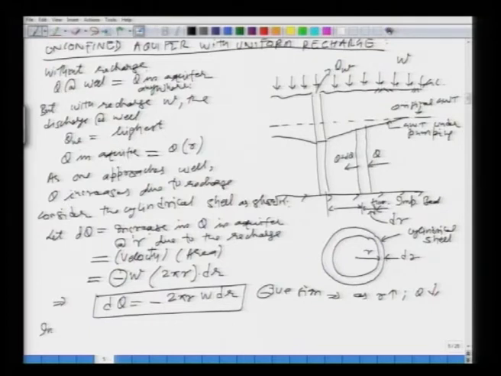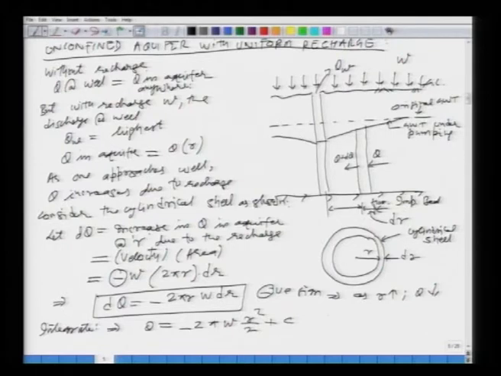Then we integrate this equation. Integration will give you Q is equal to minus 2 pi, W is constant, the recharge rate, and then r dr, which you integrate to get r square by 2, and then there is a constant of integration. How do you find this constant of integration? You use the boundary condition.